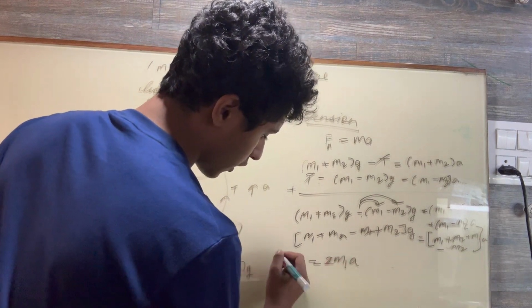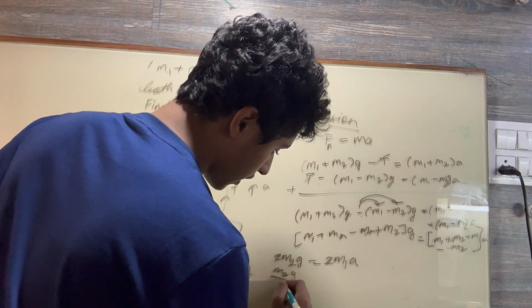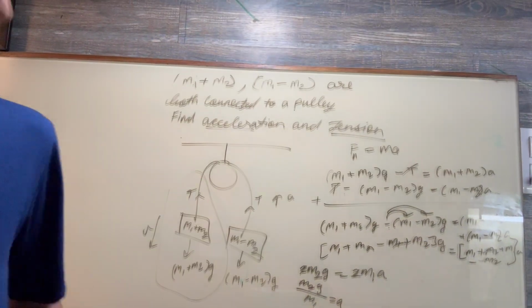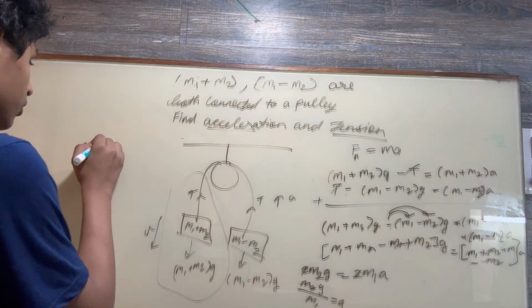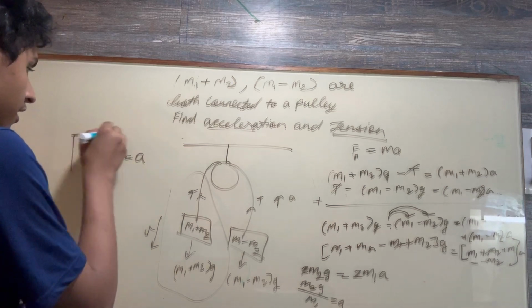The 2 cancels, so we get M2g by M1 is equal to acceleration. So our first answer for this question is a equals M2g by M1.